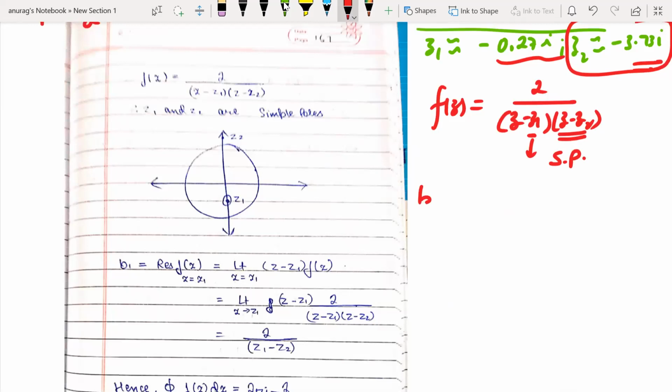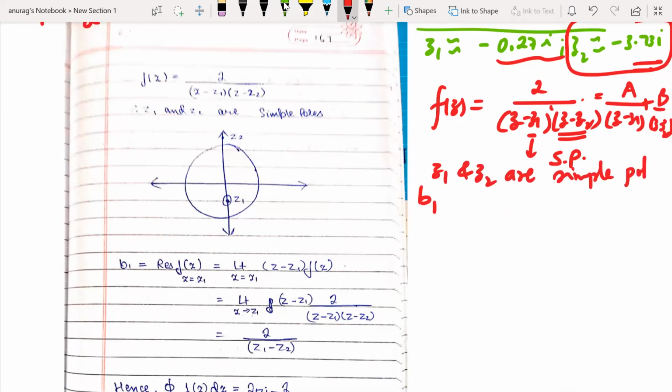So we will find the residue, and these are all of degree 1. We know that we can break it into partial fractions, and it will look like this: A upon z minus Z1 plus B upon z minus Z2. So Z1 and Z2 are singular points, but which type of singular point? These are simple poles.